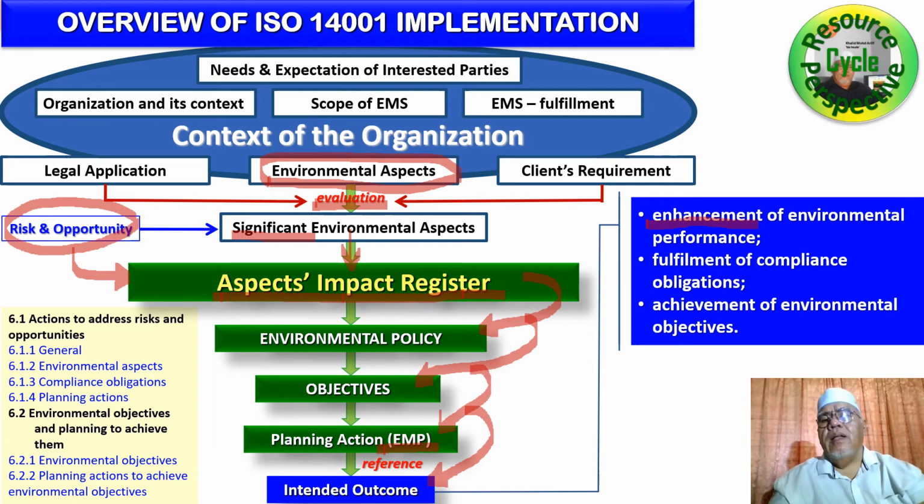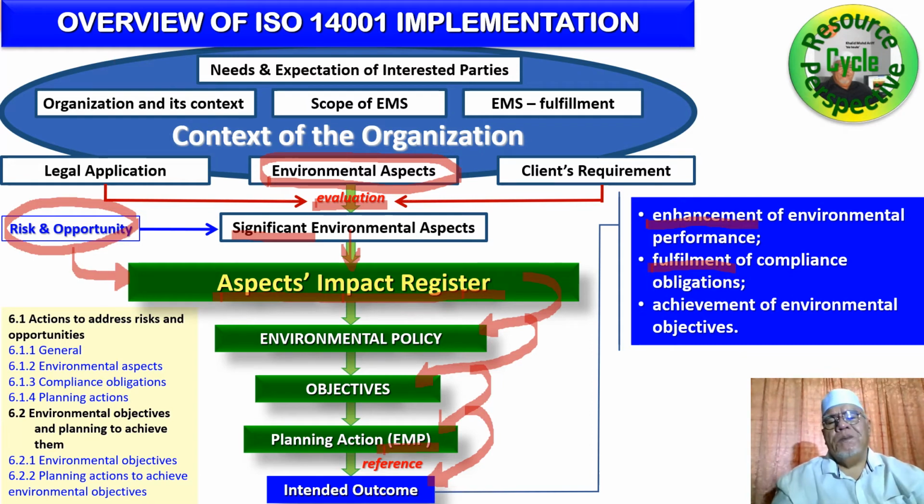And this intended outcome philosophy is to ensure that in the objective targets and EMP, we have committed in fulfilling all compliance obligation. It could be compliance obligation to the authorities, to the agencies, to the insurance, to the vendors, to the suppliers, to the contractors, to our clients, to labor union, to political parties, whatever, to landowners, building owners.